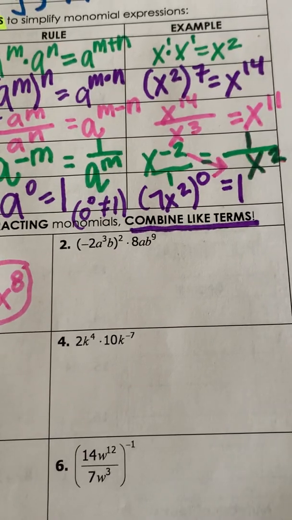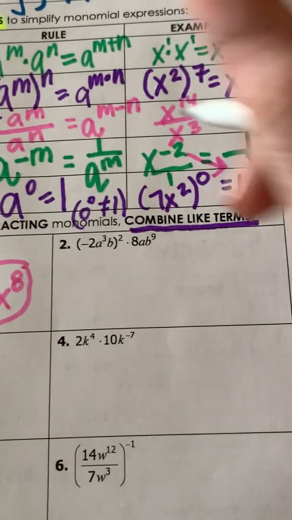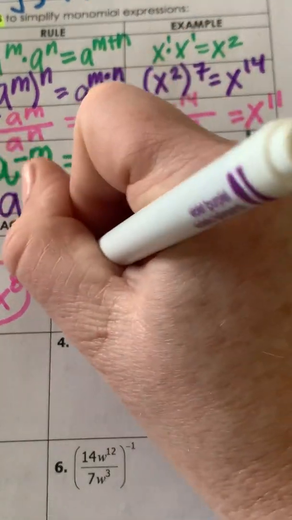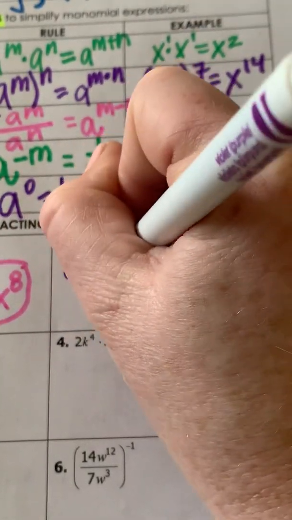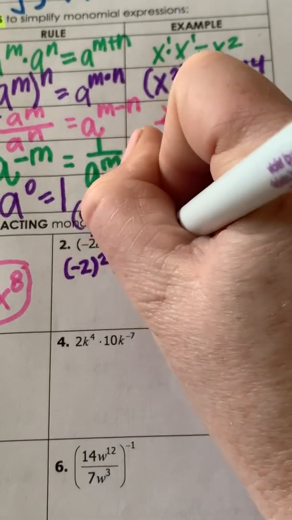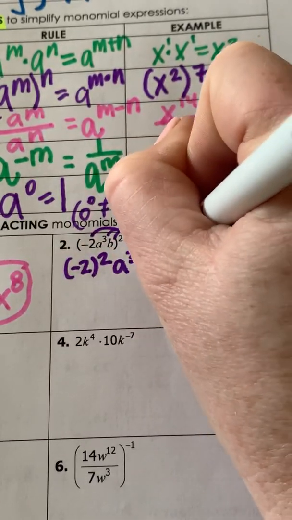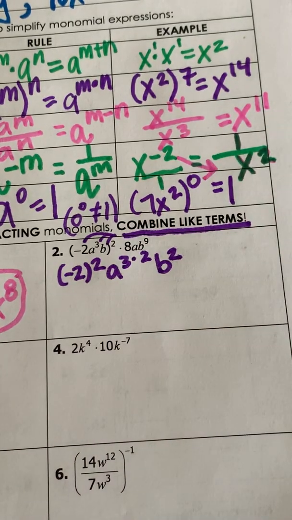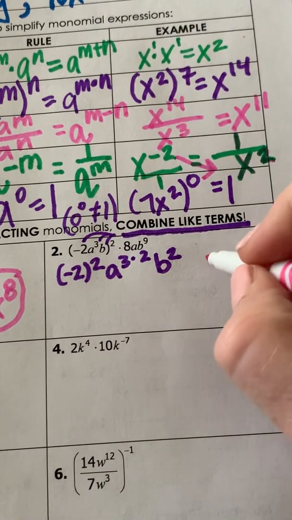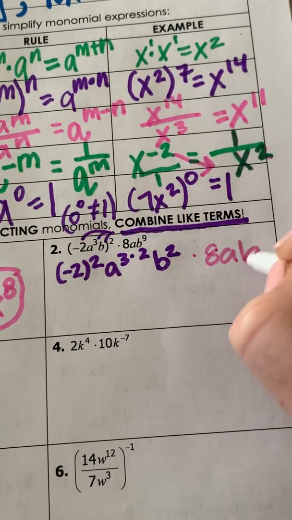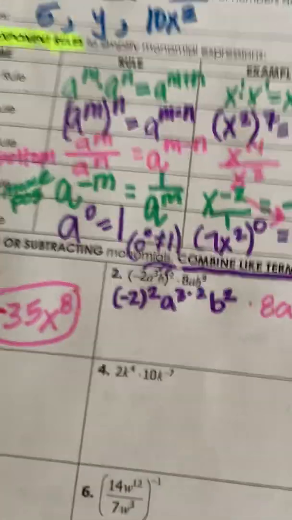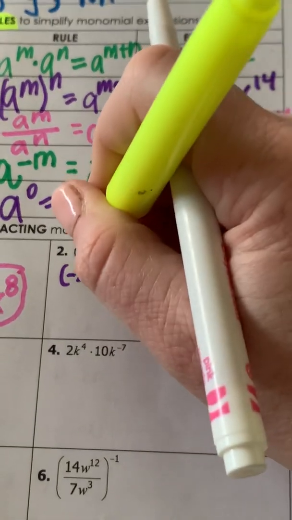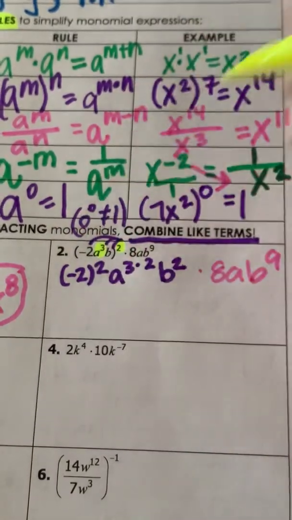Okay, number 2, we have to do a PEMDAS. So we've got to distribute that squared to everything. So it'd be -2² a to the 3 times 2, b², okay? And then we'll worry about the 8ab⁹ after. Okay, and so what I did here, when I squared it, is I did a power rule.